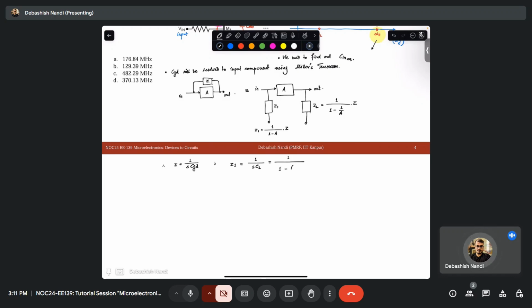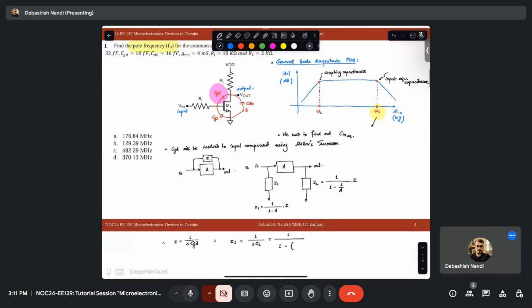What is the gain of this amplifier, by the way? Looking directly, you can write that it is GM1 times RL, if we ignore the output capacitance or the small r0.